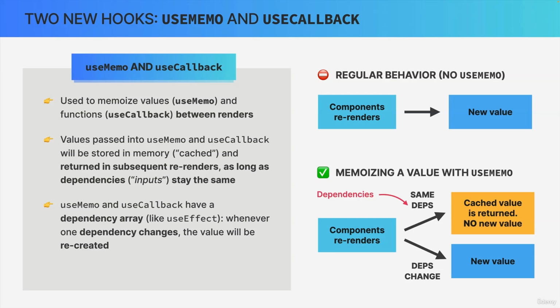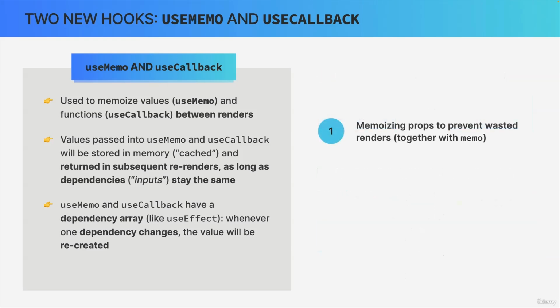Okay, now this all sounds great, but when do we actually need this? Well, remember that we started this lecture by saying that we need to make objects or functions stable in order to actually make the memo function work. In other words, if props are objects or functions, we need to memoize these props in order to prevent wasted renders.